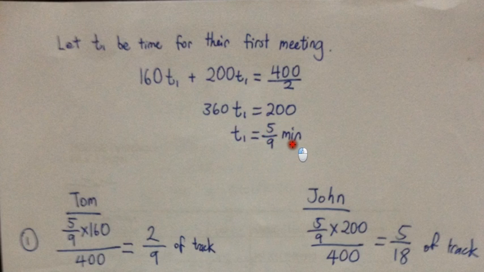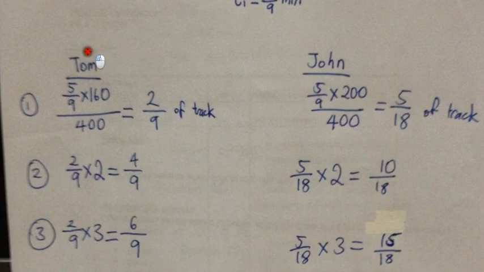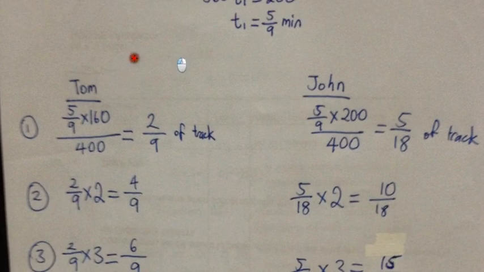Now that is the very first meeting. To understand where they will meet again, we'll do a simple listing. So for Tom, at the very first meeting, the amount of the track that he has covered will be 5 out of 9 times 160 out of 400.